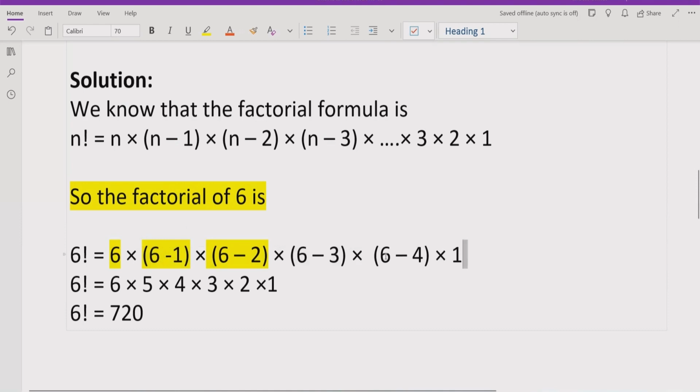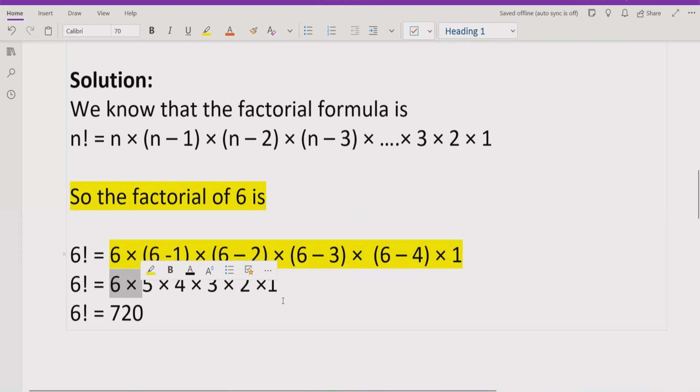Now, you will say it is very complex to work out minus 4, minus 3. But it is simple. You just write 6 first because the number is 6. And after that, you go one by one, stepping down: 5, 4, 3, 2, 1, writing all numbers till 1.